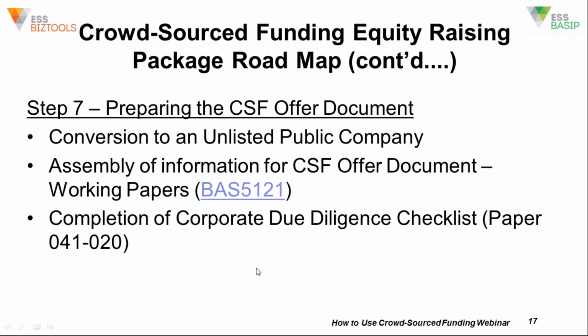There's also a corporate due diligence checklist that we have included because we think a lot of the information that's forthcoming from the due diligence checklist will be required by the intermediary to satisfy themselves that this company is a well-run company to be able to try to raise capital under this process.